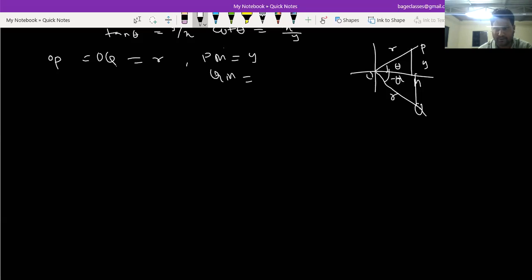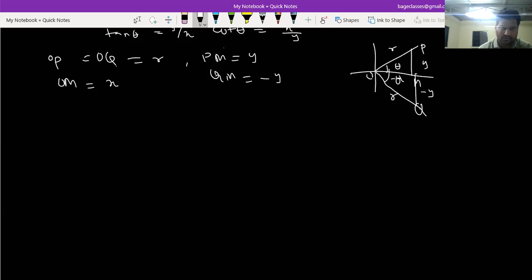QM is also the same height, because OM is common in both triangles, that is X. Therefore, QM is the same height as Y but opposite in direction, so it is minus Y. And OM is the common side, so OM is equal to X.